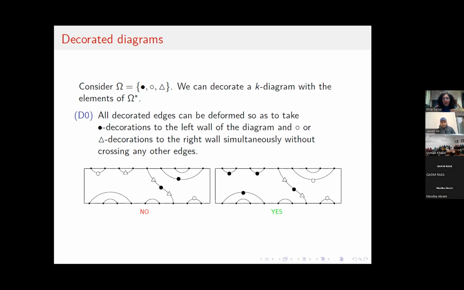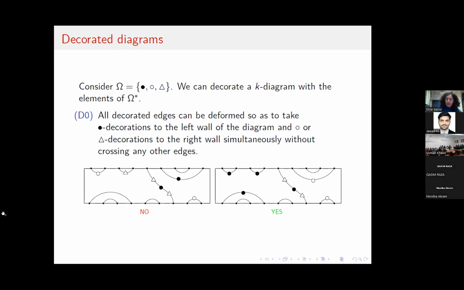For example, here we have two diagrams, all right? On the left, on the top left, we have an edge decorated with a white decoration. So if you imagine to stretch that edge to the right wall, can you see that it intersects the edge with three decorations, right?